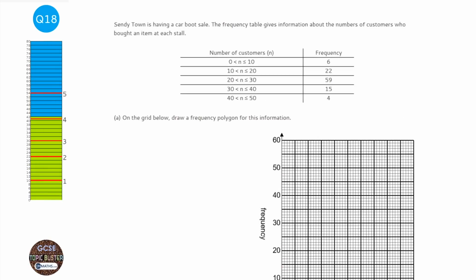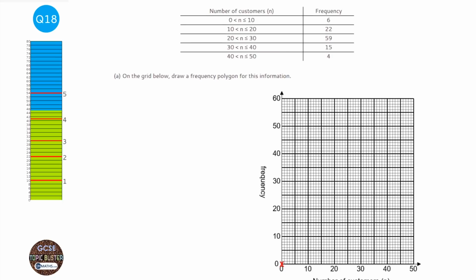Alright, so we're asked to draw a frequency polygon, and the only error you're going to make with this type of question is figuring out what a frequency polygon is. Now, a frequency polygon is where you put little crosses at the points, and the points lie at the group's midpoint.